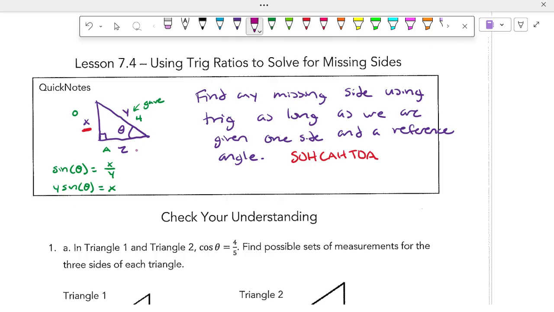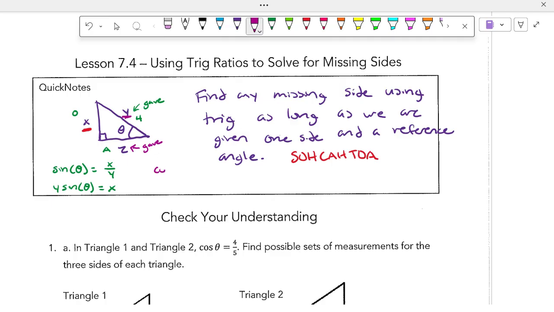Now, on the opposite side, let's say they gave me z. All right. And let's say I was trying to find y. So still the same reference angle, adjacent over hypotenuse.